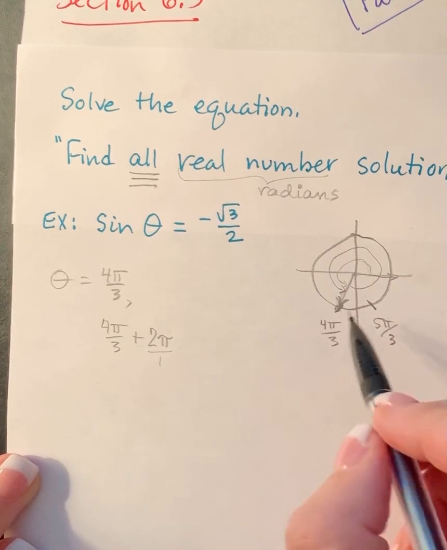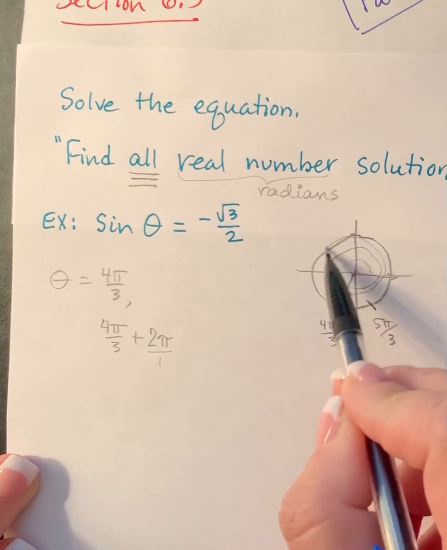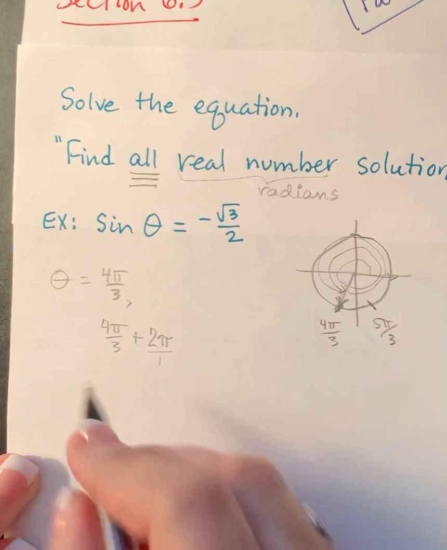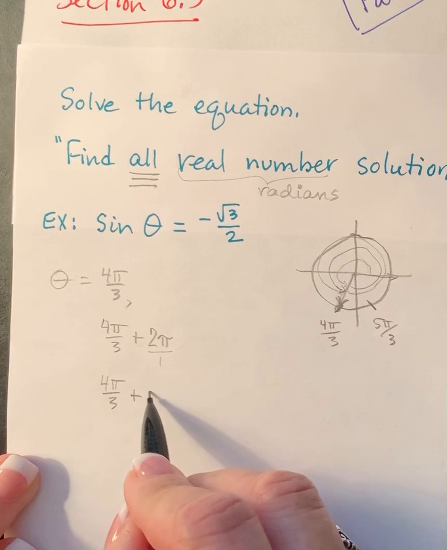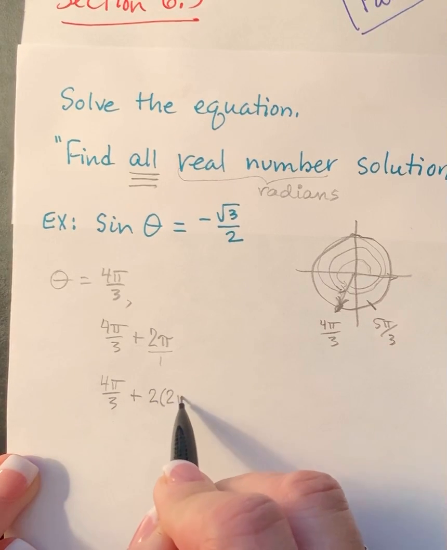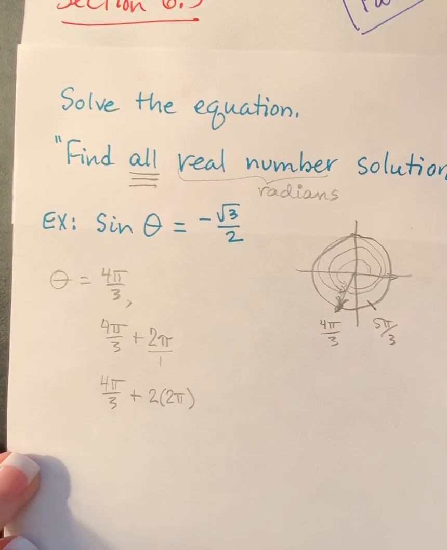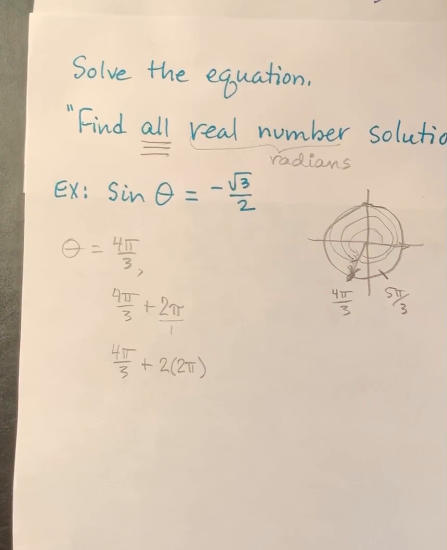Now if we did another revolution around, 4 pi over 3 plus, well, now I've added on two amounts of 2 pi, that's going to be a third answer. That's another coterminal angle.